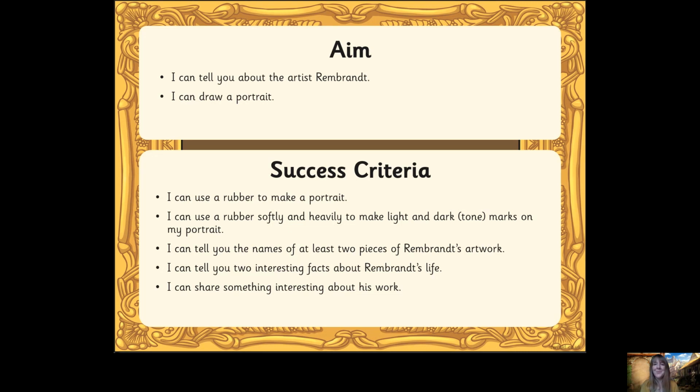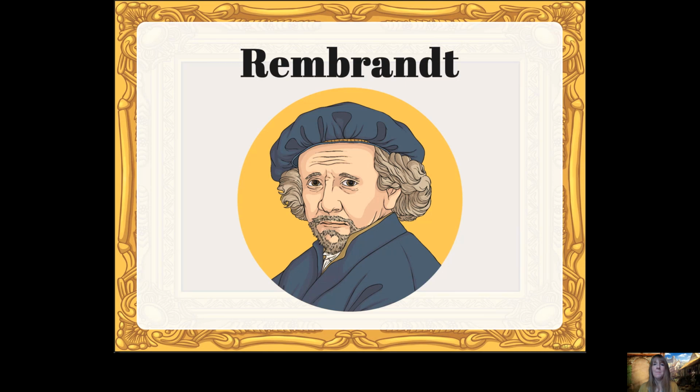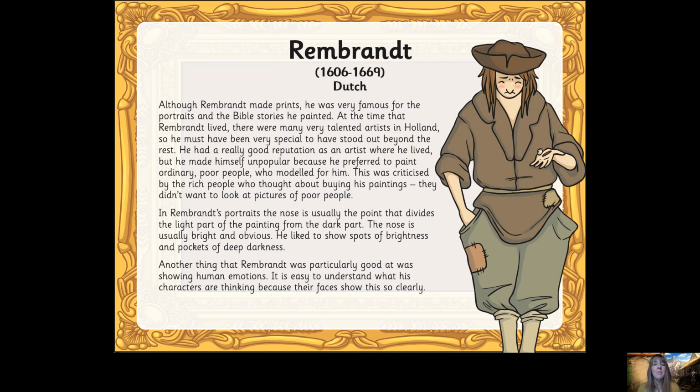Okay. So here we are, Rembrandt. We've already said his name. That's a little cartoon picture of him. And I'm going to read to you a little bit about him. So you need to listen carefully because at the end we're going to have a little quiz to see how much you have remembered.